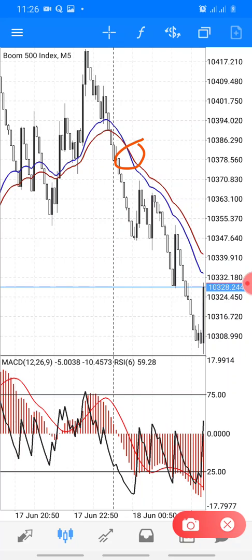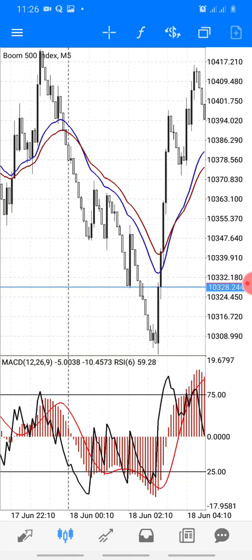That will be similar, but we have to compare the two together before we enter our trade. This is Boom 500, and we know that the normal movement of the boom is to come downward. So we'll be comparing some instances and see how we can enter the trade.